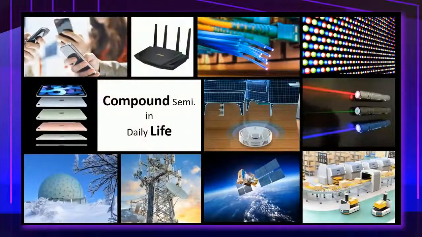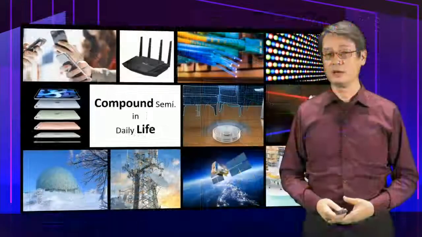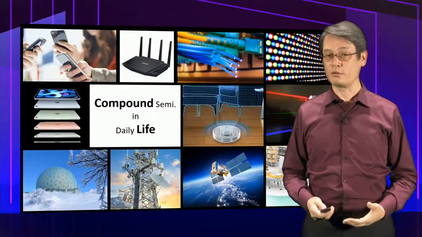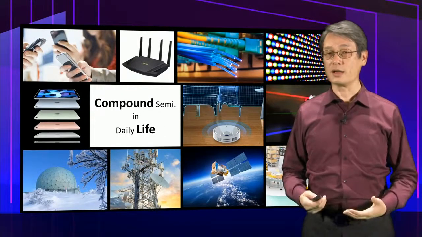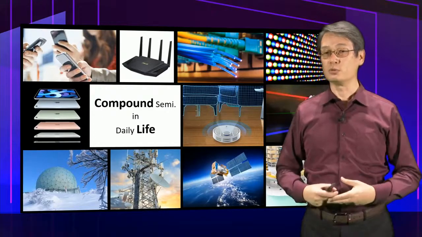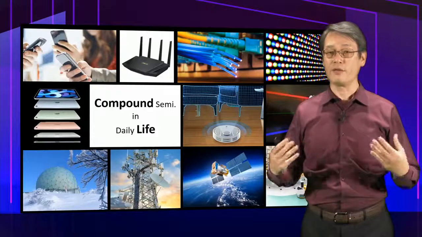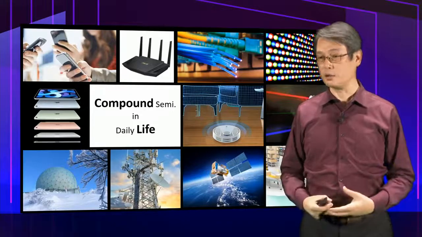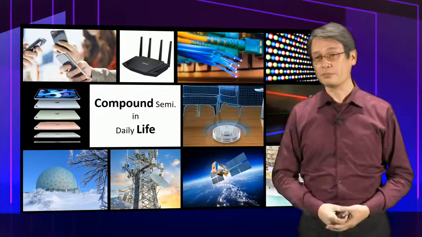Actually, compound semiconductors are around our daily life. For example, in a smartphone, compound semiconductors are inside as the power amplifier to transmit very fast and complicated signals to the base station.